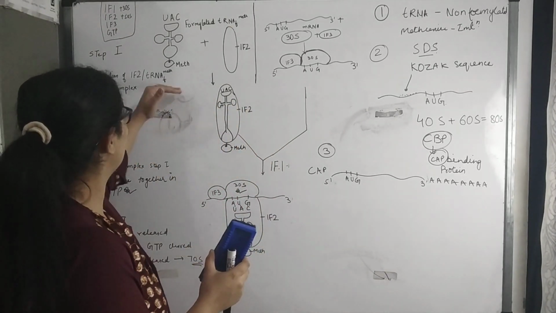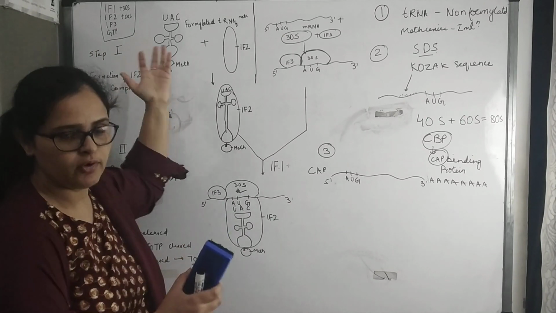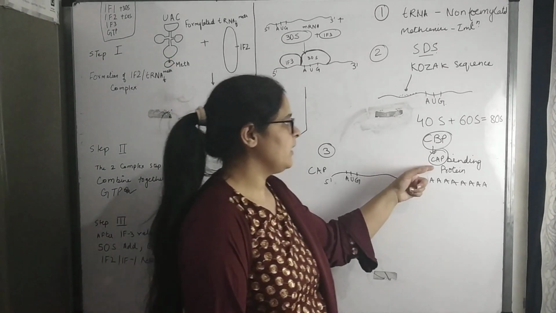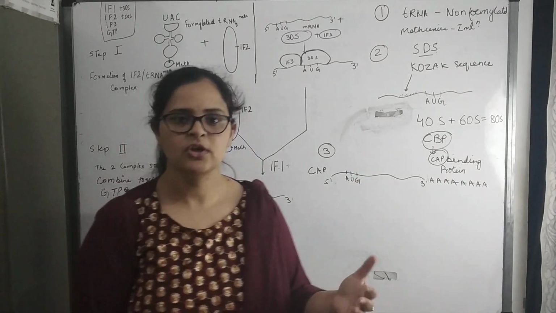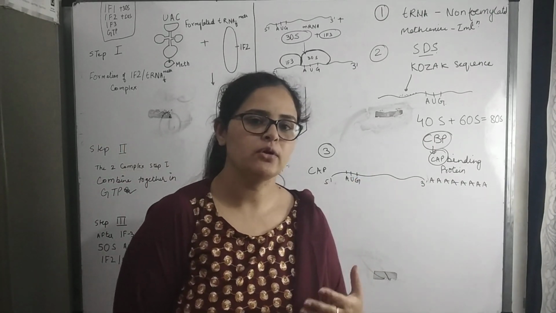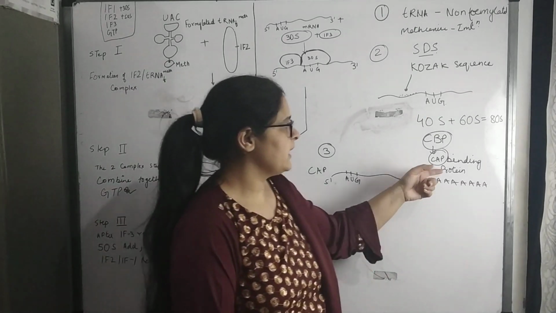Here we have initiation factors 1, 2, 3 and GTP for energy. As the eukaryotic system is very complex, there are many proteins, so we are not naming them 1, 2, 3 and 4; we are just saying cap binding proteins.